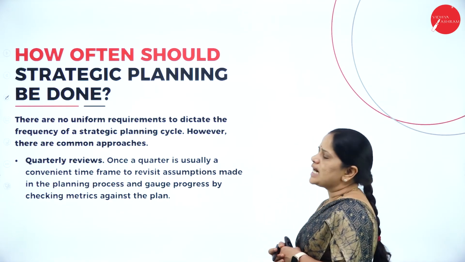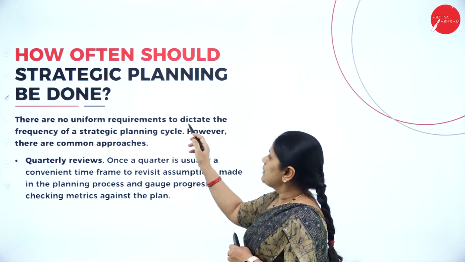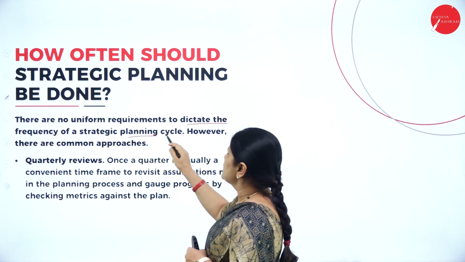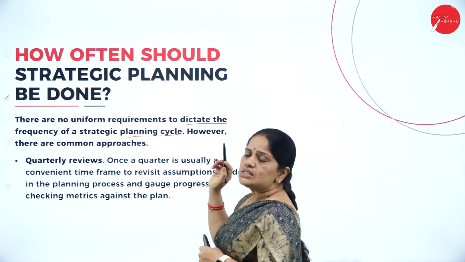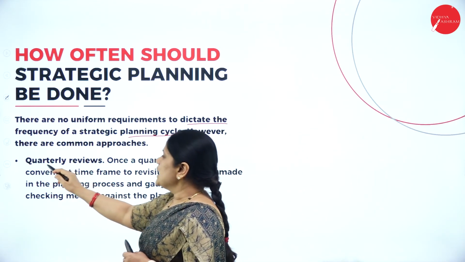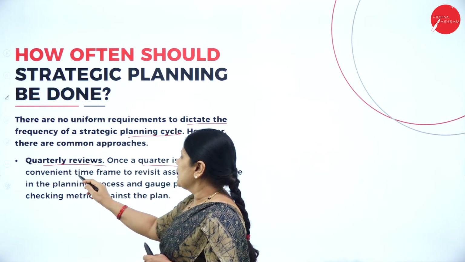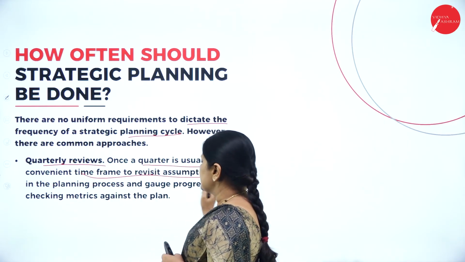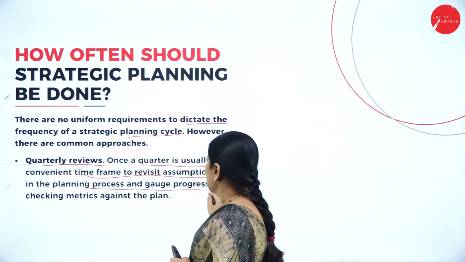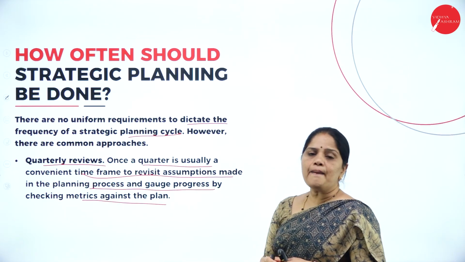How often should strategic planning be done? There are no uniform requirements to dictate the frequency of the strategic planning cycle. However, there are common approaches. The first one is quarterly reviews. Once a quarter is usually a convenient time to revisit assumptions made in the planning process and gauge progress by checking metrics against the plan.